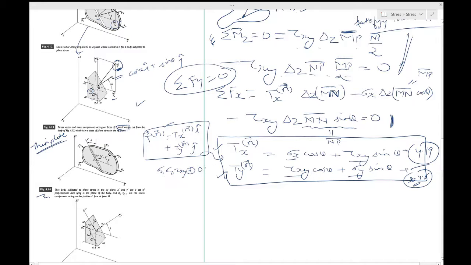Using this relation, you can find the traction vector Tn, the stress vector at this point. Okay, using these relations, the question is this: my plane can be inclined in infinite possibilities, but now I am looking to find sigma x dash, sigma y dash and tau x dash y dash for a plane which has this orientation, this strip which you see.